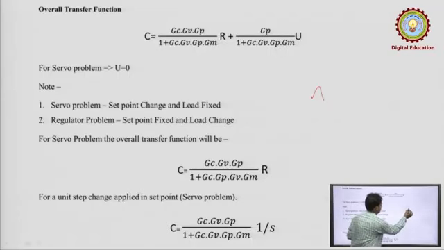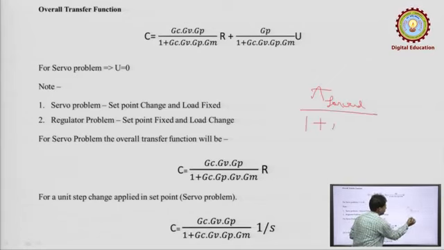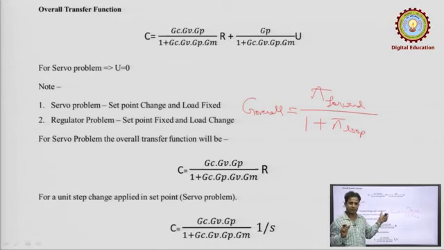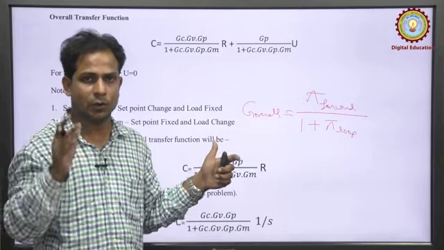Pi forward upon 1 plus Pi loop, that is G overall. Here we are seeing that in the process we have three things: set point, load, and the output.